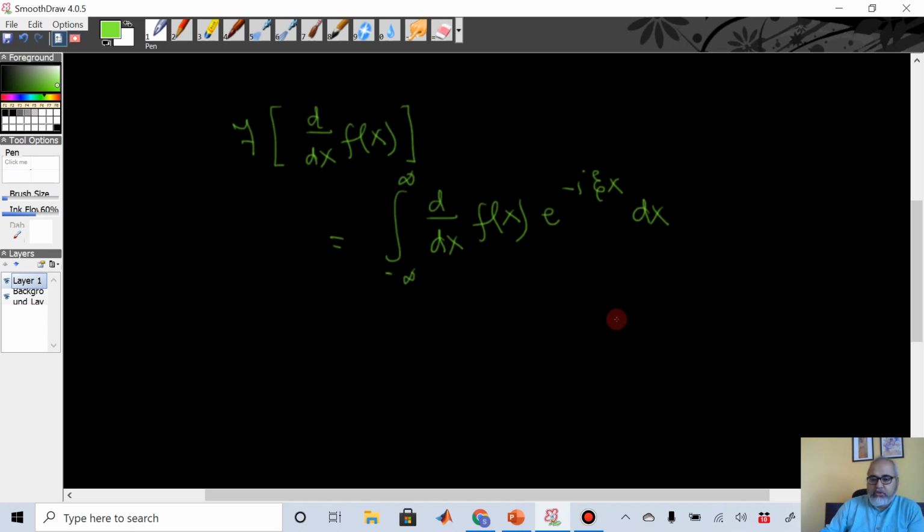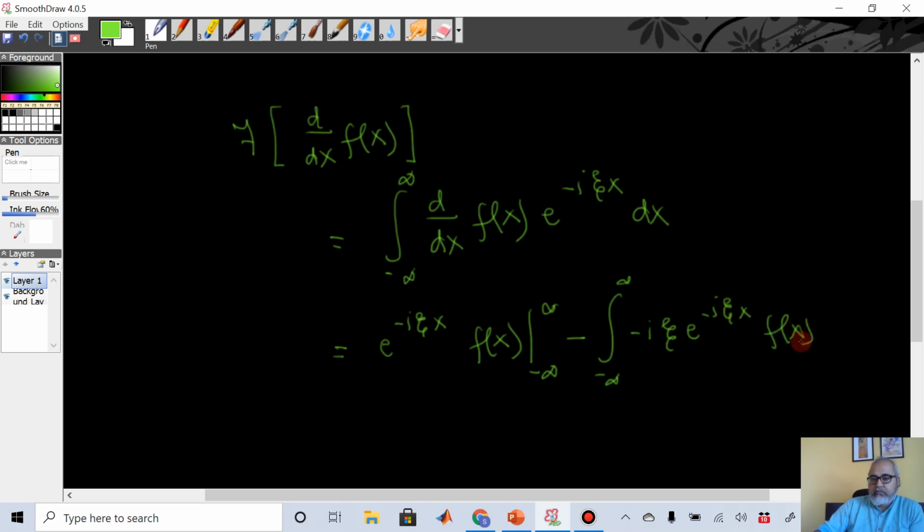And now you can choose integration by parts. So if you use integration by parts, what you get is minus, and then this. So this goes to 0.